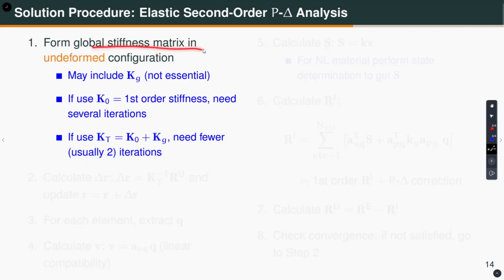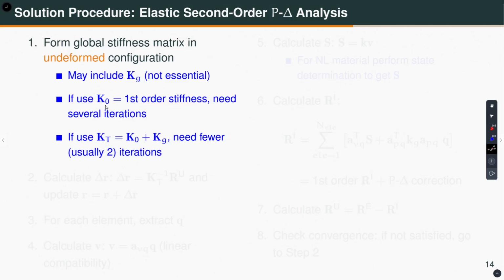So, the first step is to form the global stiffness matrix in the undeformed configuration. Okay. So, it may include the geometric stiffness matrix for the entire structure if you have initial stresses, otherwise it is not essential to start with. So, use K0, that is the first order stiffness.